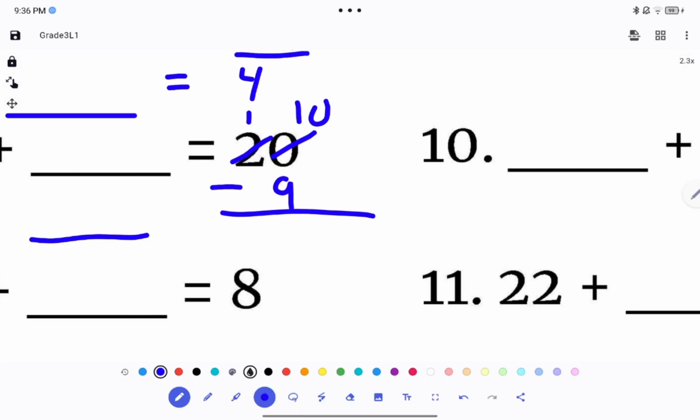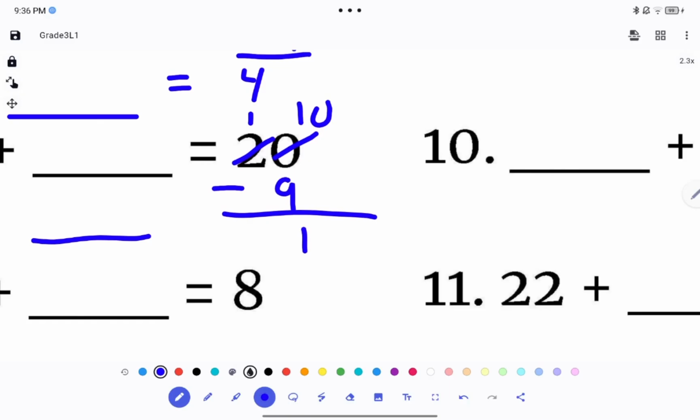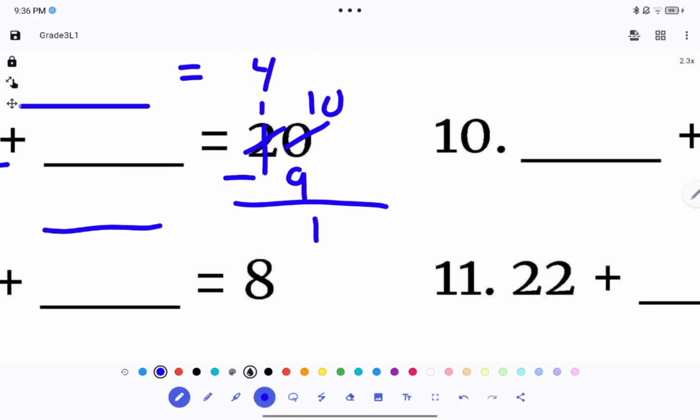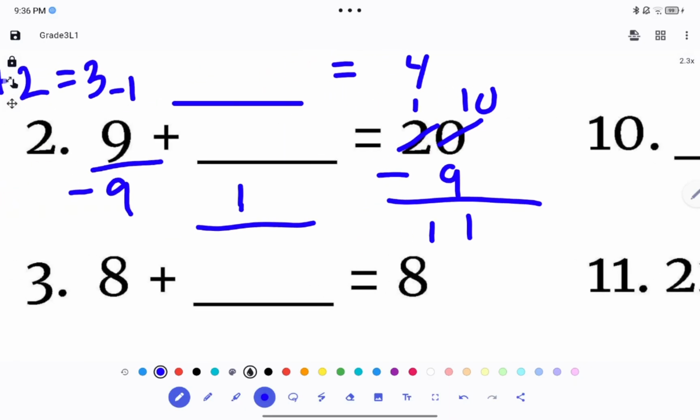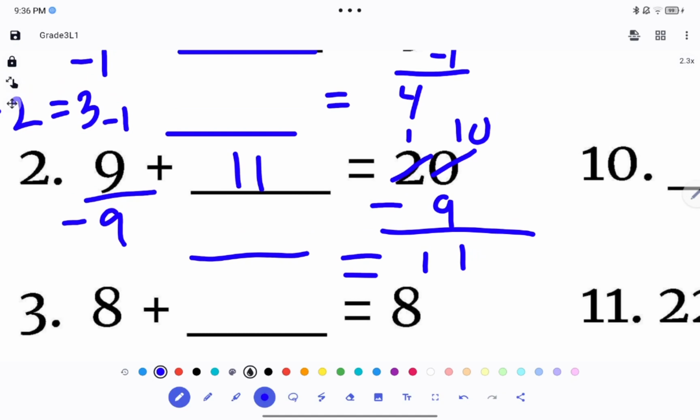So you get 10 minus 9 is equal to 1. Then you carry down this 1 over here in order to get 11. So some number is equal to 11. So we have our answer. 9 plus 11 is equal to 20.